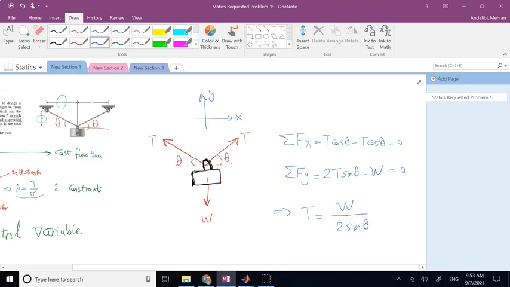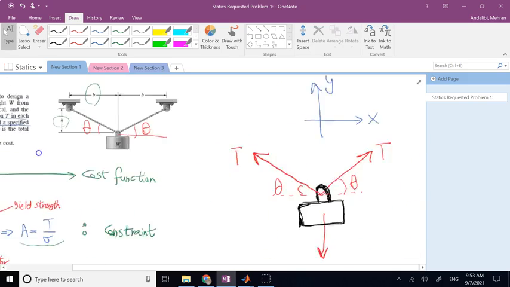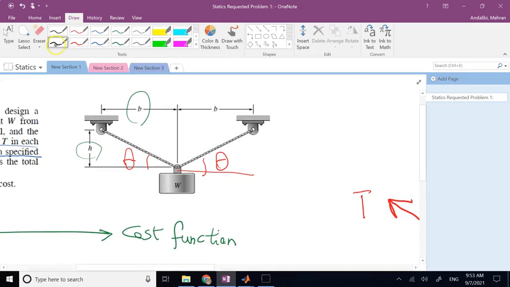And now the thing is, theta or sine of theta does depend on h. Why? Because if I go and look here, I have a triangle. Right? You clearly see I have a triangle. This side of it is h, this side of it is b, this is theta. So sine of theta is going to be h over the hypotenuse, which if you remember, was the square root of h squared plus b squared.